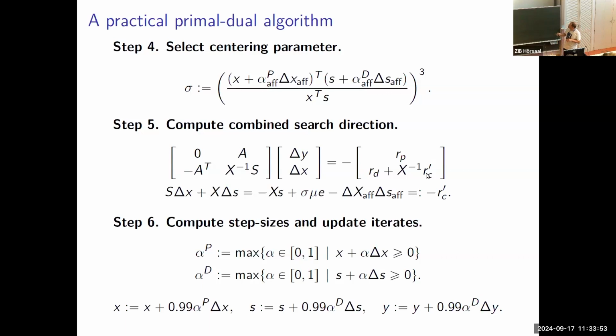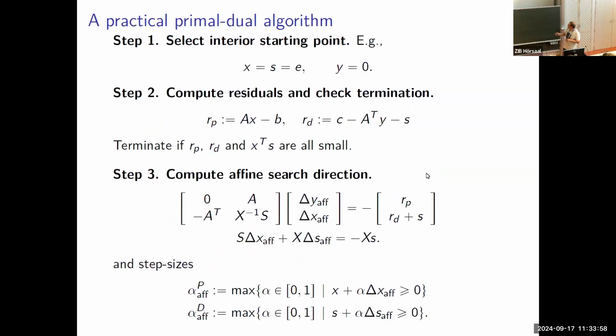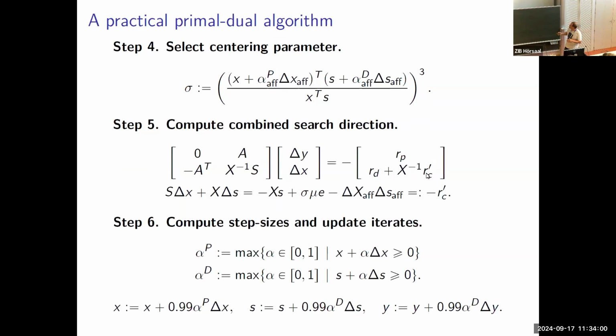And once we're equipped with this centering adjustment and our affine search direction, then we compute our final search direction, where we just modify the centrality condition. You see this centering term is scaled by this adaptive parameter, which is between 0 and 1. And then we have this term here that involves the product between this affine step for x and s.